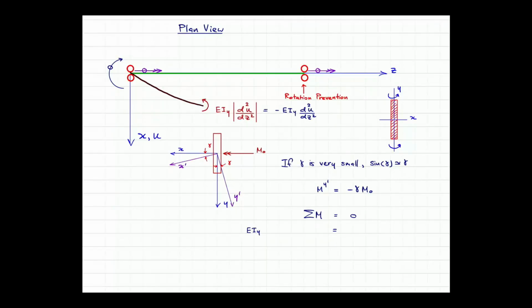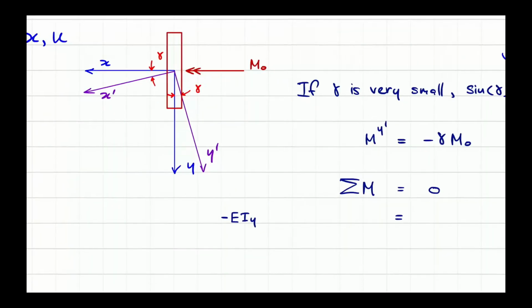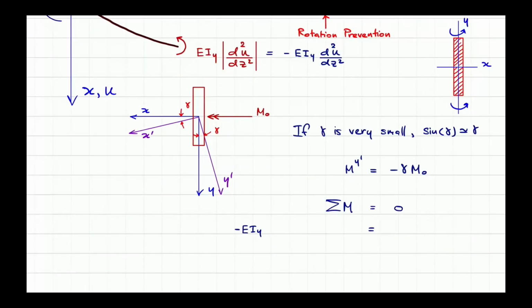So for here you have the minus sign for EIY, second derivative of u with respect to z square.